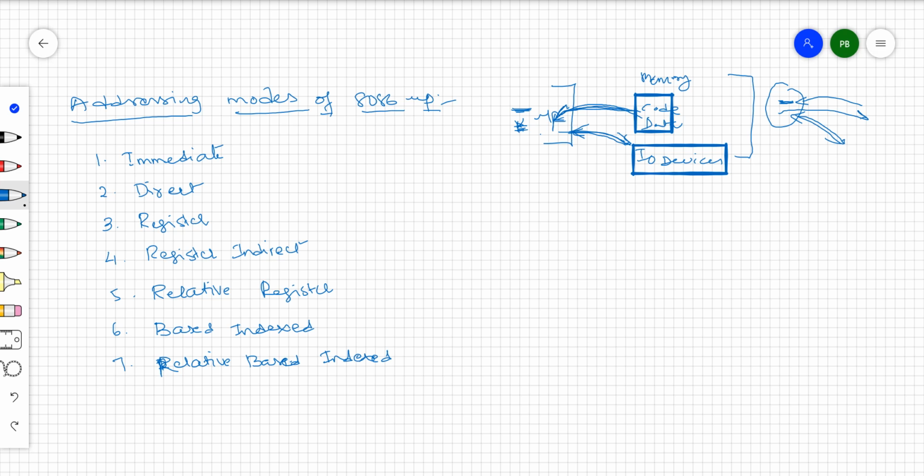Whatever code you write, whatever program you write, whatever instructions are there, you write the program here, some set of instructions. This becomes the program. It reads the first code, decodes it, executes it, then the second code, decodes it, executes it, then the third code, decodes it, executes it.